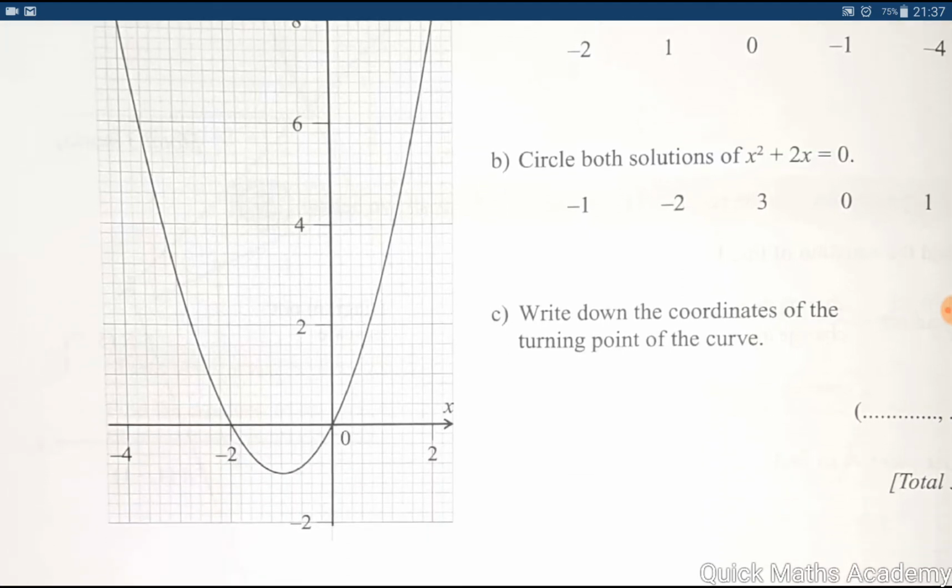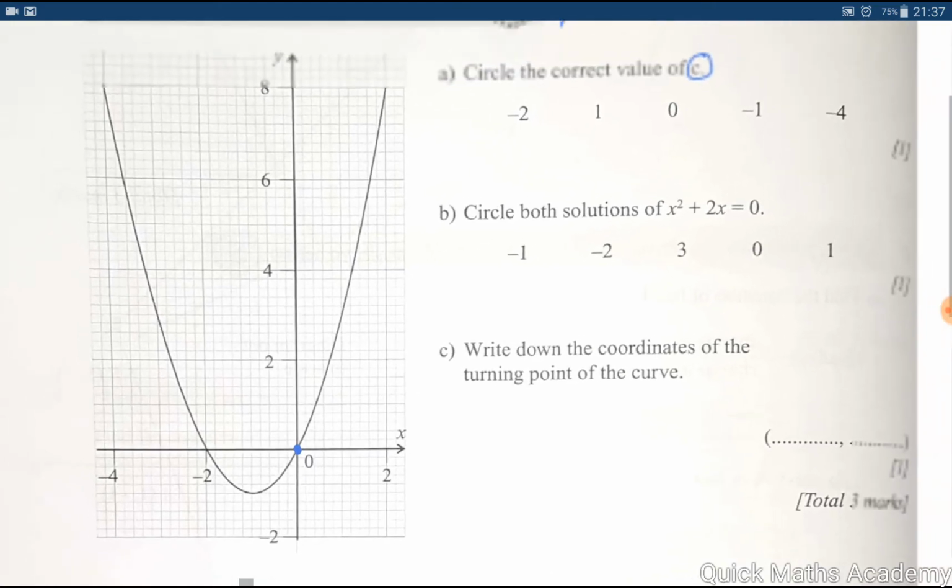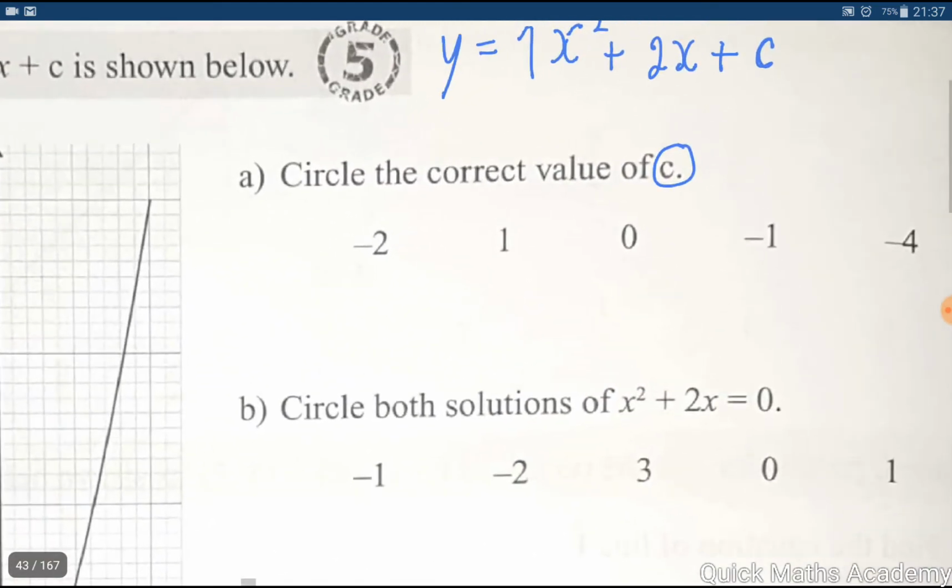I look at the chart. Where is the intersection point with the y-axis? It is this one. Where is the value of y in that point? Well, the value of y is 0. So my correct answer must be this one. Okay, 0. Just by looking at the chart, in 5 seconds, I can see 0.